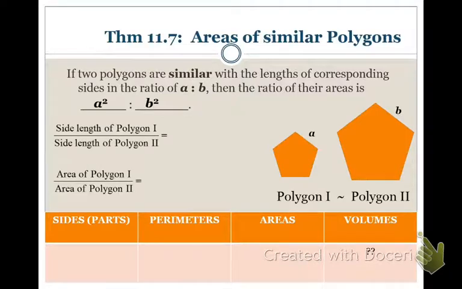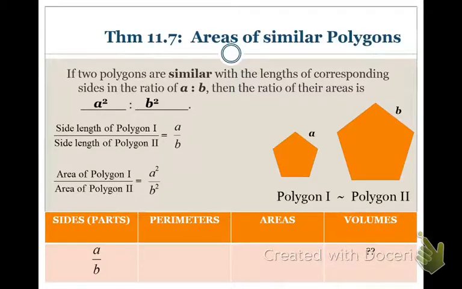So here we have the side. If the side of polygon 1 is A and polygon 2 is B, we can say their ratio is A to B. Then we know the ratio of the areas is A squared to B squared. So now we'll talk about how we apply this. The sides have a ratio of A to B. What will the perimeters have a ratio of?